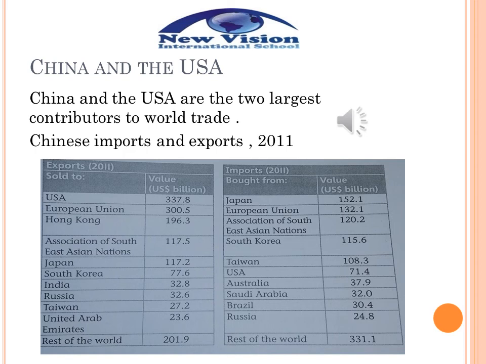Computers and parts, $52 billion. Toys and bicycles, $29 billion. TV, $15 billion. Furniture, $13 billion.